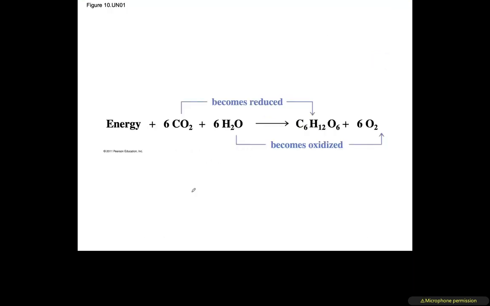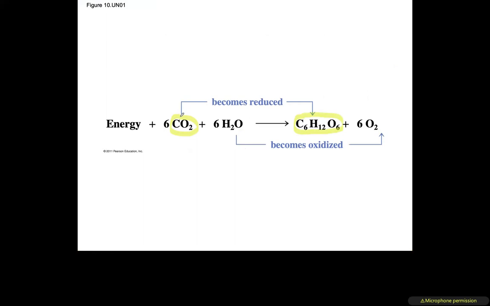So this is showing you oxidation versus reduction, and this is also showing you that net formula that I went over. When you look here, your CO2 molecule is going to get reduced, okay? Meaning it receives electrons. In order for the CO2 to get larger into a bigger molecule, to become sugar, it needs to get more electrons.